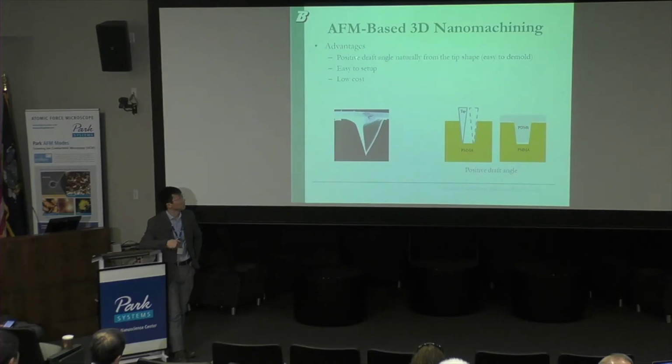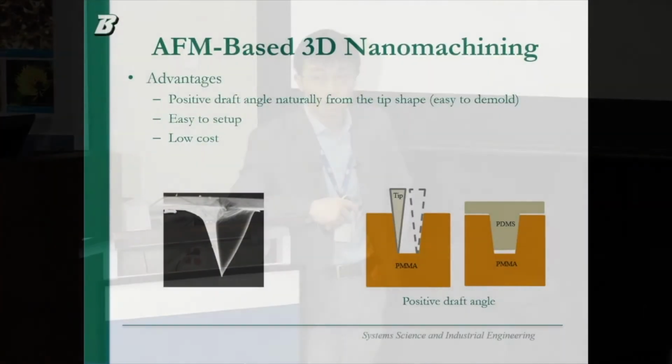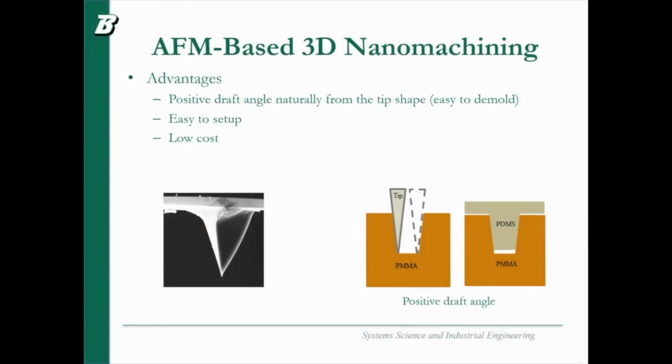So when we talk about AFM-based 3D nanomachining, it has its own advantages besides being not that expensive and easy to set up. Another advantage is that we can get a positive draft angle naturally from the tip shape, because the tip shape looks like this, right?